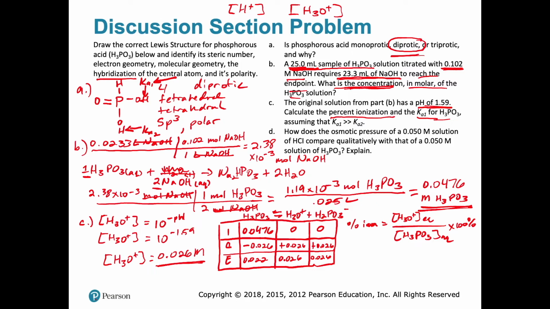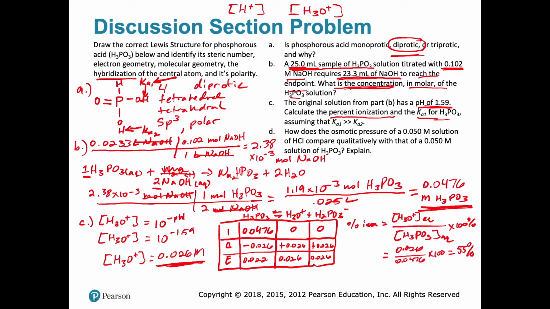And so all we need to do there is get our hydronium ion concentration, which we found out from the pH, right? Which is here. So that's 0.026 divided by the concentration of the acid, which we found out here, 0.0476, times 100. And what does that equal? I calculated it to be 55%.